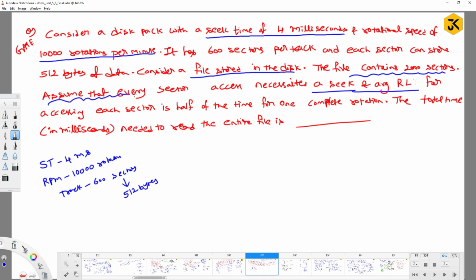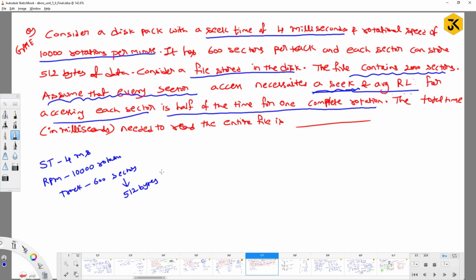Whenever they are going to access every sector, they need to perform a seek operation as well as average rotational latency time for accessing each sector. The average rotational latency for accessing each sector is half of the time for one complete rotation.